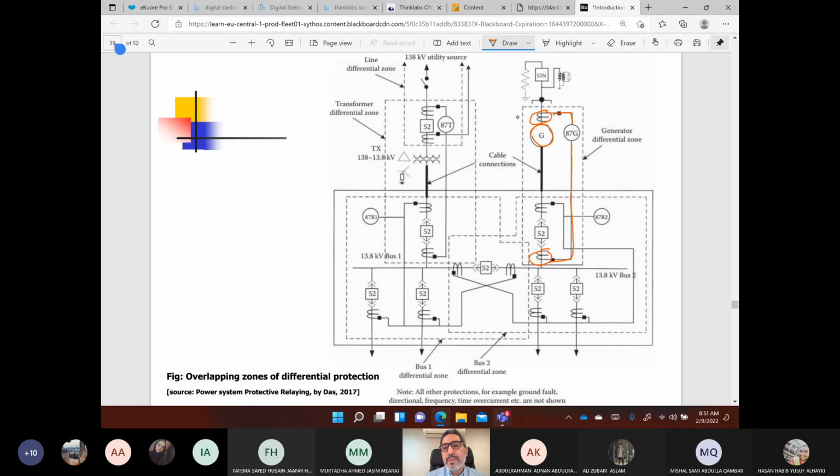So if there is any fault between this point and this point, it is considered a fault in the generator, and this defines the zone of the generator differential relay, from this CT to that CT. So any fault here or beyond the CT will not be detected by this differential relay. There are other protection functions that can also detect faults, maybe here.